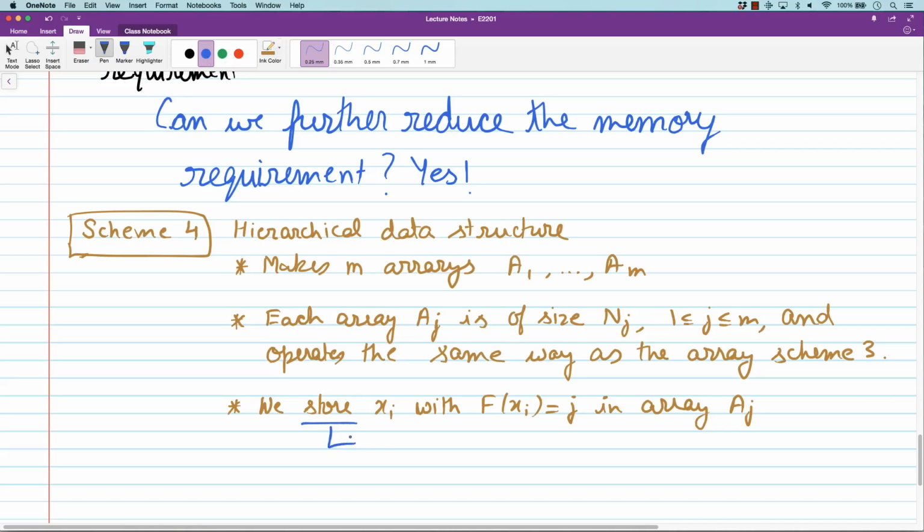How do we store this? Array aj has its own hash Fj from x to nj.